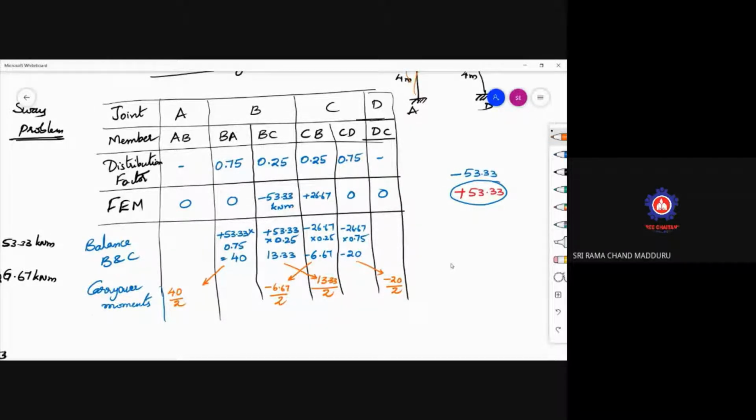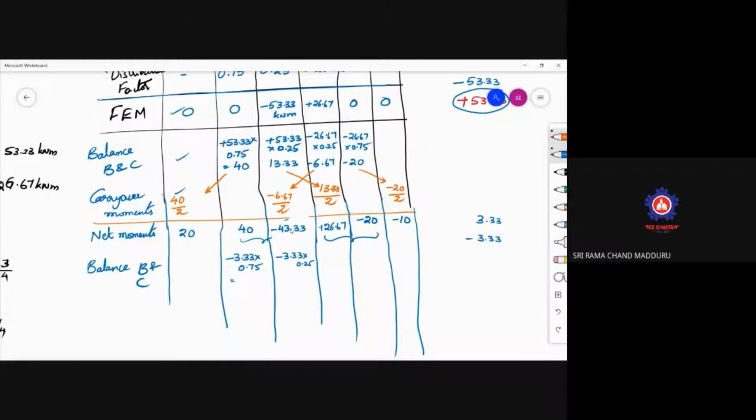So now continue and write down the net moments. Now if you observe, 40 minus 43.33, the value is minus 3.33. You need to go with plus 3.33. That's it, right? Yes, sir. So plus 3.33 into 0.75.